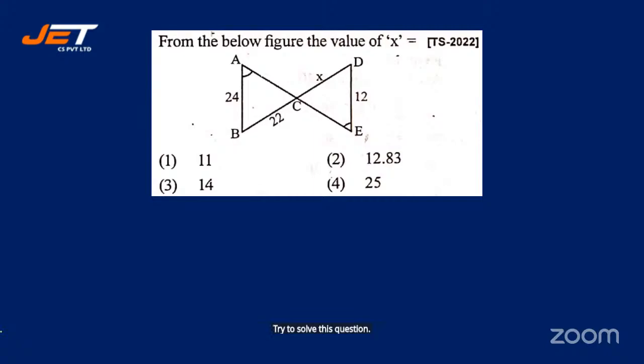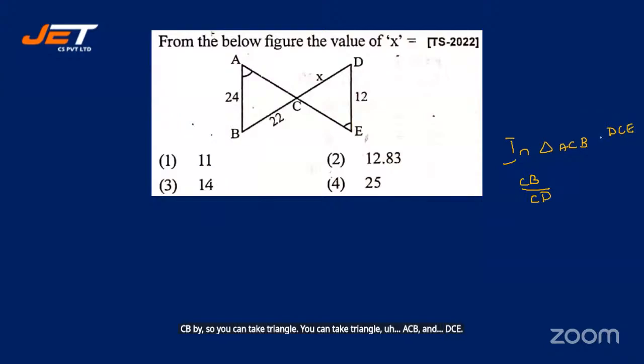Right? So, in triangle ACB, you can take triangles ACB and DCE. Since both are similar, isn't it? So ACB is similar to DCE.